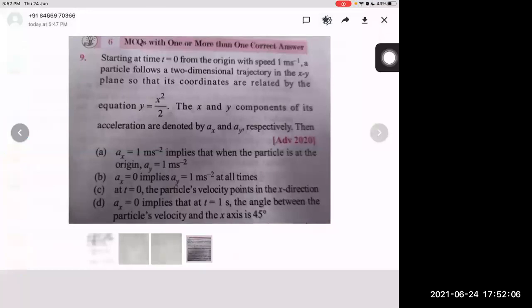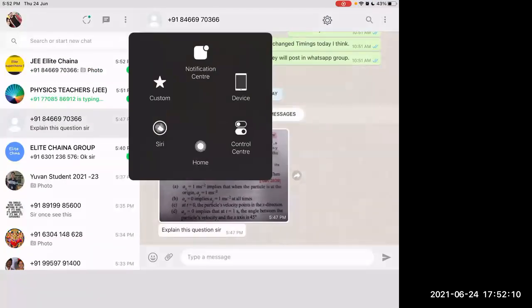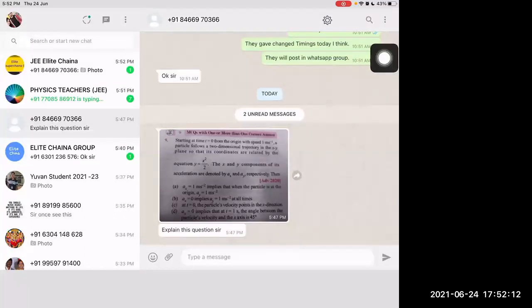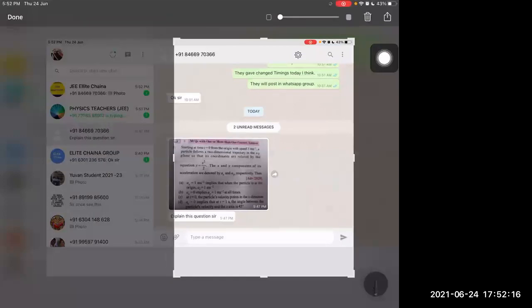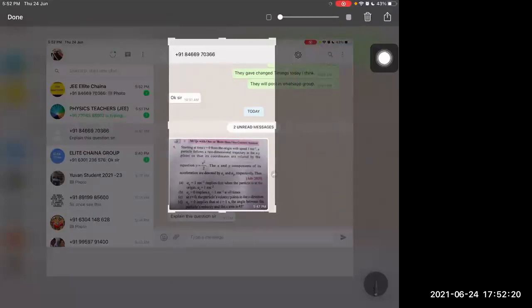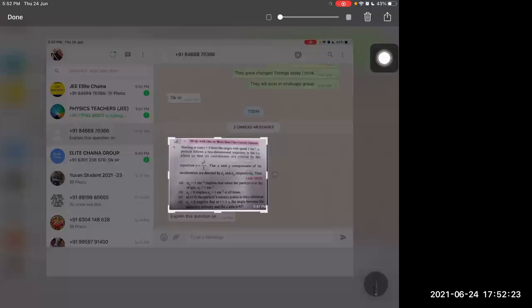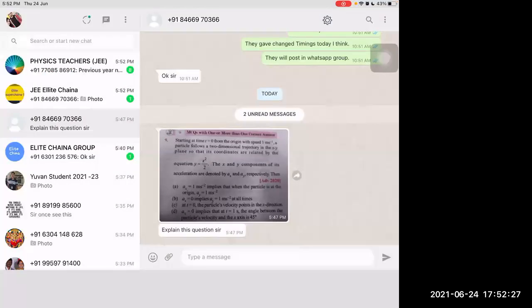First you send it in the group. Okay, I will take it also, but you send it in the group.